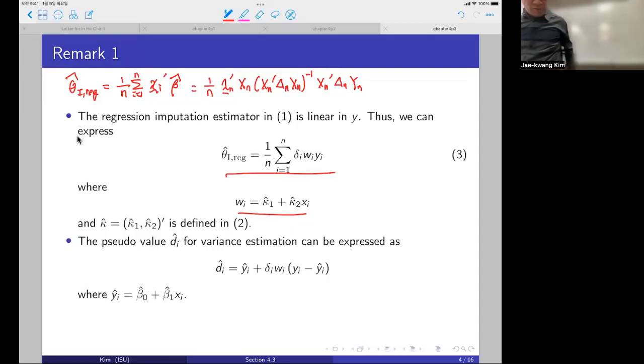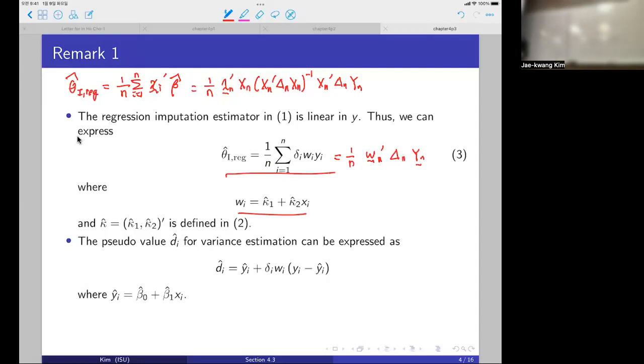And what we'd like to express is that this is 1 over n times w_n prime Delta_n y_n. That's it.